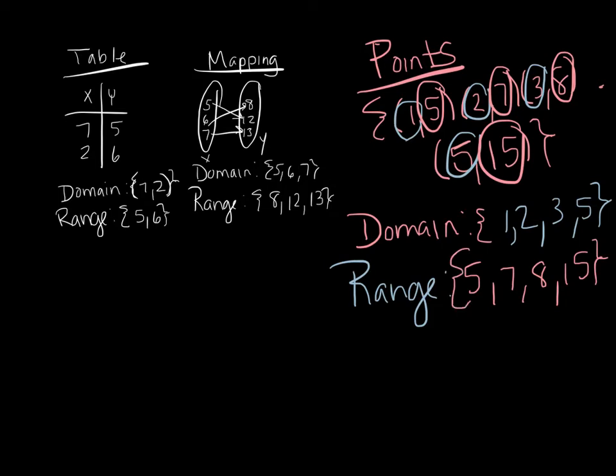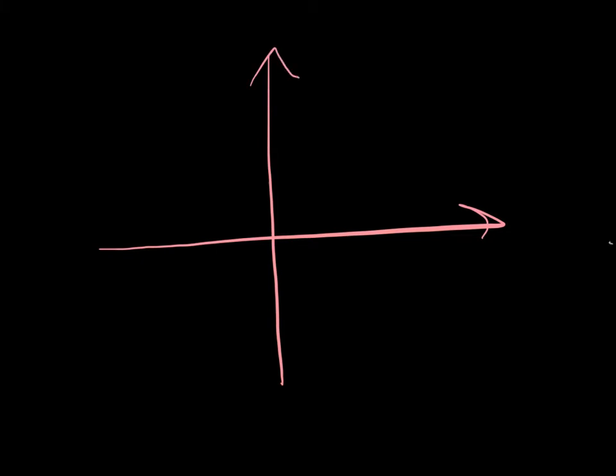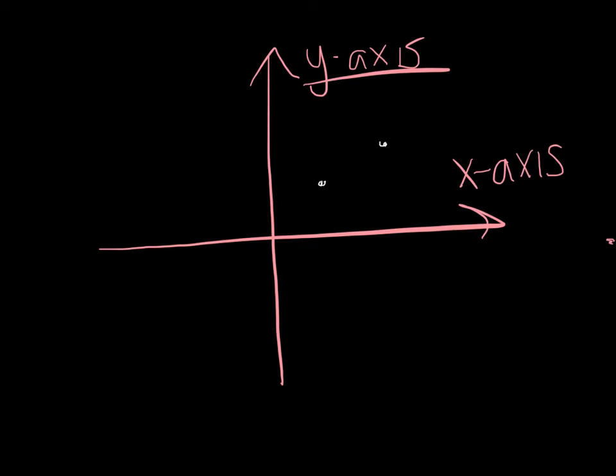Lastly, we will look at it in a graph. So in a graph, remember this is always my x-axis, and this is always my y-axis. So I have a bunch of points. And let's say this point is (2, 5), (-3, -7), and this is (4, 8, 10).